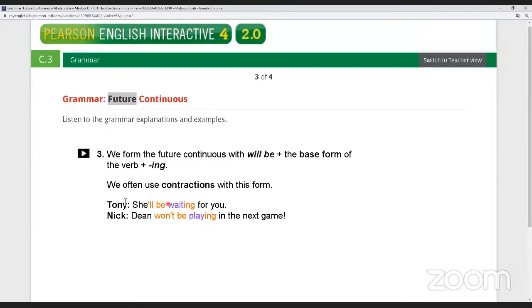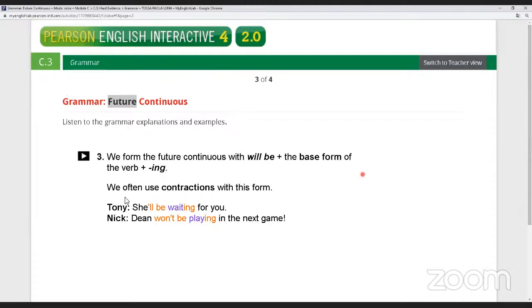Waiting. It doesn't matter, as you can see, he doesn't mention when, since what hour, until what time. No, because we're not interested in it. The only part that is important, that we're gonna focus on, is the progress of an action. In this case, waiting, playing.